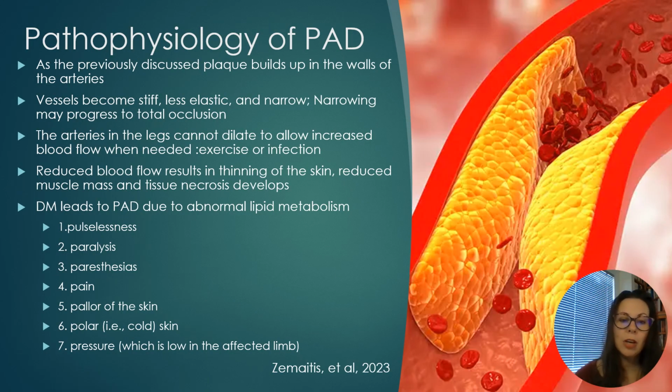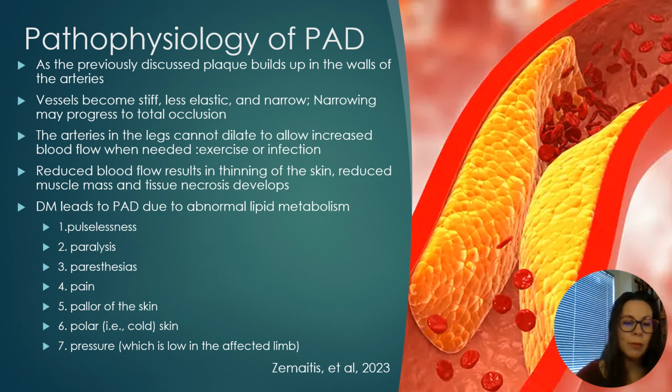The pathophysiology of PAD is that, as previously discussed, there's a buildup in the walls of the arterioles, and the vessels become stiff, less elastic, and more narrow. This narrowing can progress to total occlusion, and the arteries in the legs cannot dilate to allow for extra blood flow, especially when needed, such as during exercise or infection, which is what is happening with our patient.